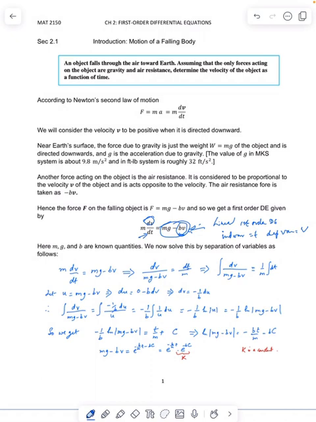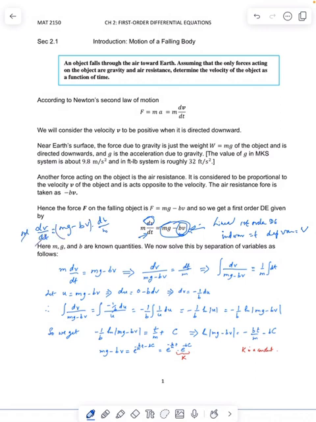So this is what I will get when I exchange these. We have m dv by dt is equal to mg minus bv. So first I think about that we are going to divide by m and multiply by dt. So we get dt over m.